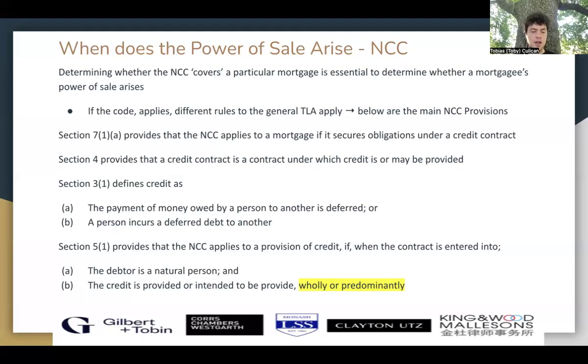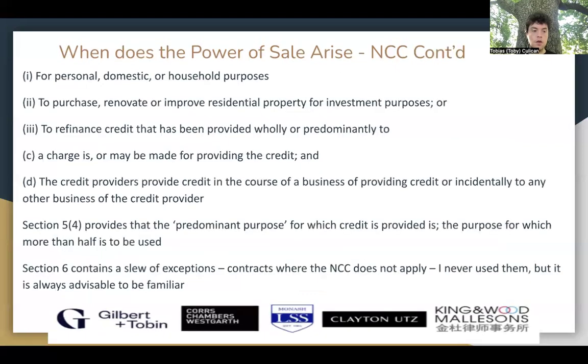I've never seen it. And the credit is provided or intended to be provided wholly or predominantly for the following: for personal, domestic, or household purposes, to purchase, renovate, or improve residential property for investment purposes, or to refinance credit that has been provided wholly or predominantly for those purposes.